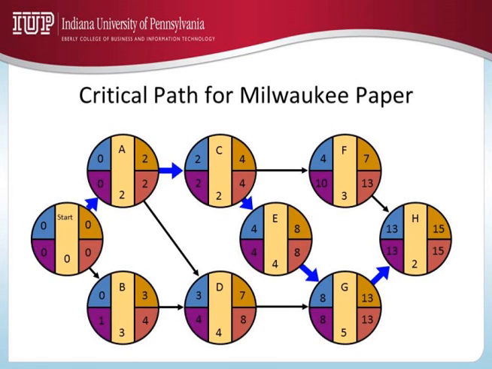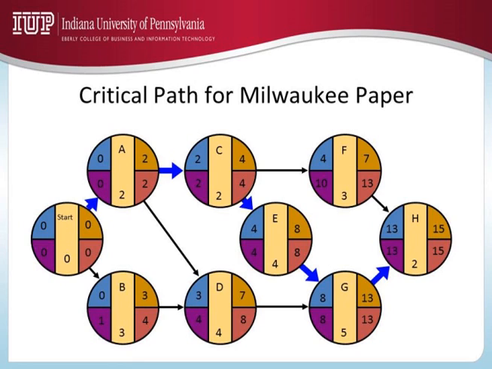Let's continue backwards. E, which activity is dependent on E? G only. So let's look at now forget about the top two numbers, please. When you're going back, don't look at the top two, the earliest start time and earliest finish time. Just forget about the top two numbers for now.